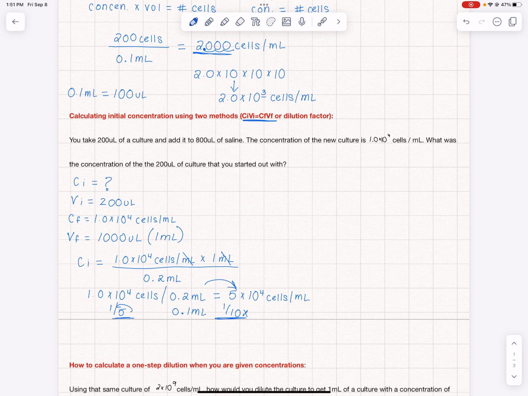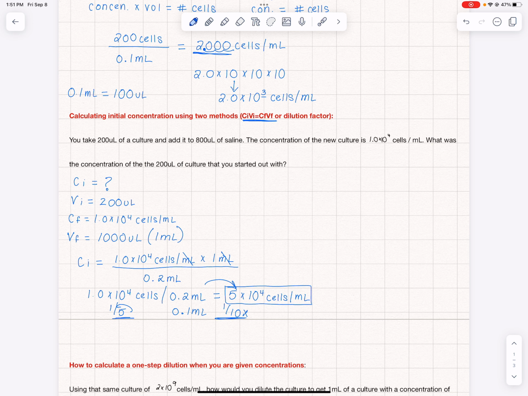So this is the first method in order to solve for our initial concentration, but I would argue that there were a lot of steps that we needed to do in order to get to our answer. And there's actually a quicker way to solve for our concentrations, and we've kind of talked about this a little bit when we were calculating concentration from colonies.